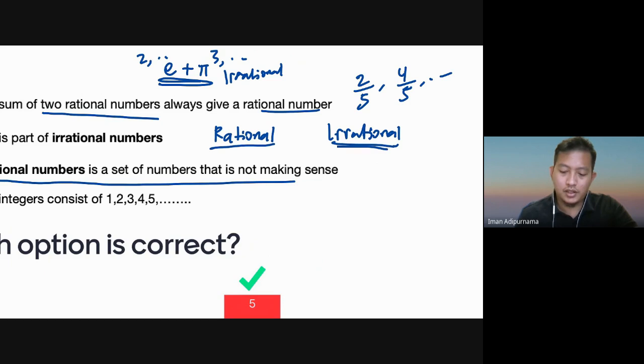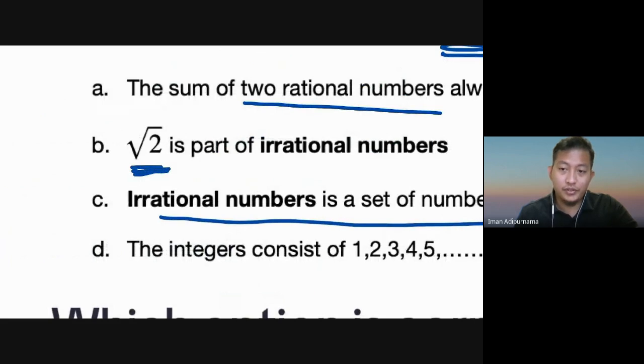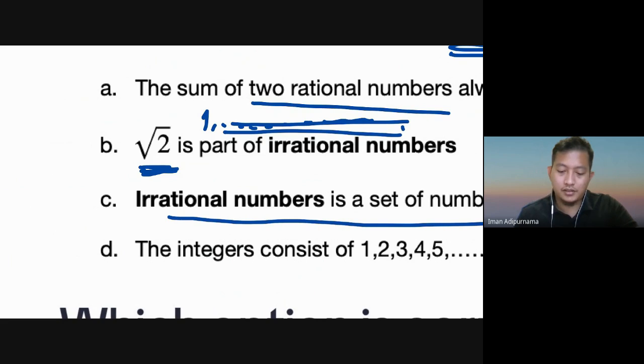Irrational is something that has decimals, but you are not really sure what the fraction would be. And the square root of 2, if you type it in a calculator, the decimals are endless. So that's one definition for irrational numbers, and the square root of 2 is one example.